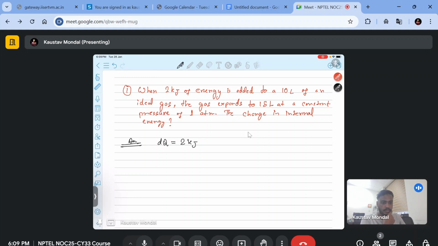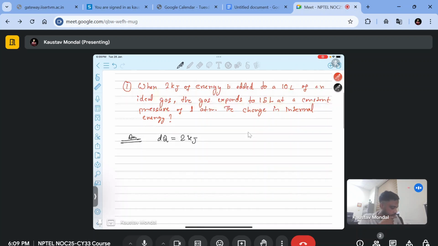As this is added into the system, we are only taking the positive value of it. So we have to calculate the change in internal energy.